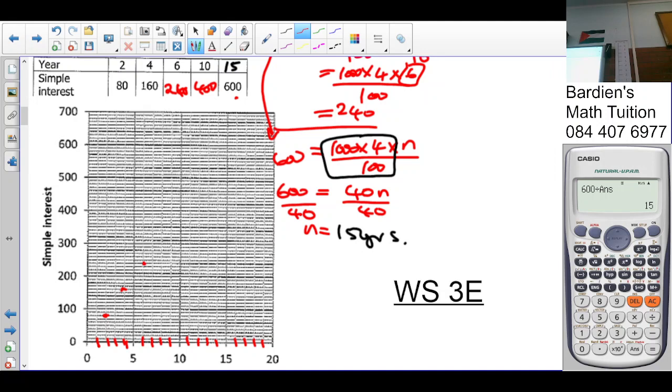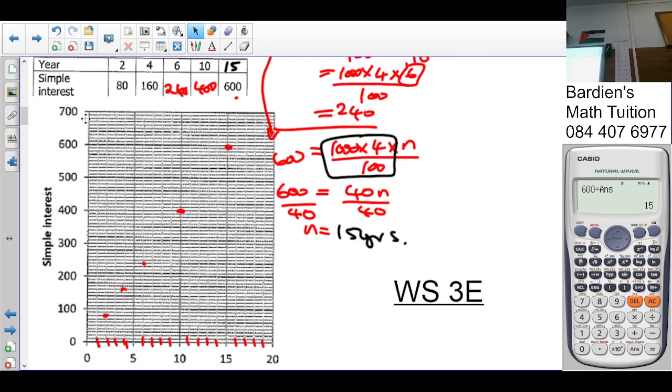You all agree with that? 10 and 400. That's an easy one because it's on the bar. That is 15 and 600 also. Easy point to plot. Okay. You all agree with it?